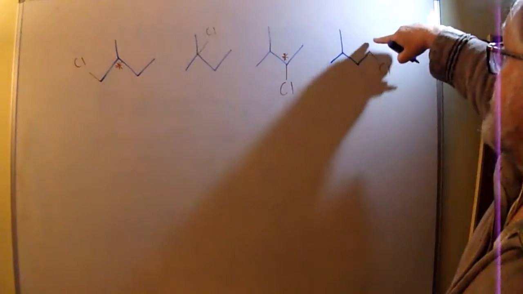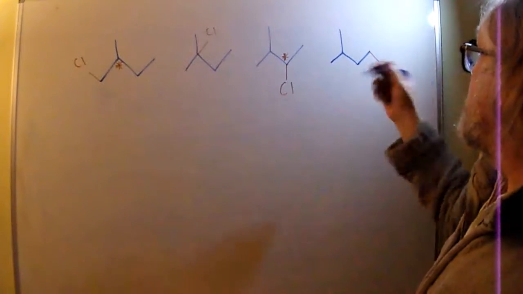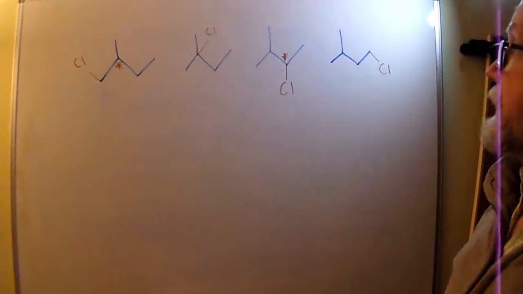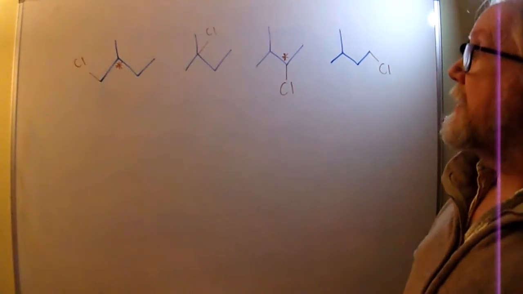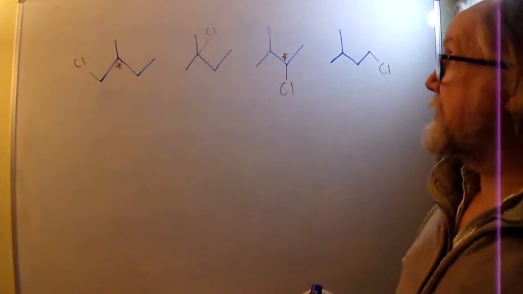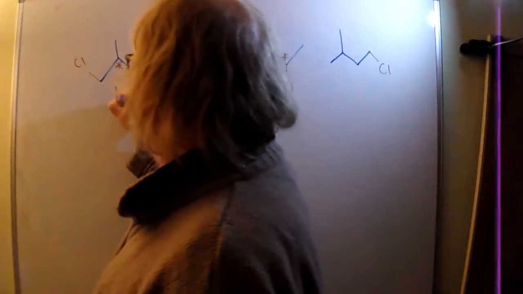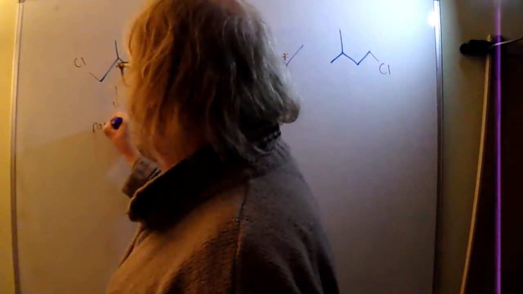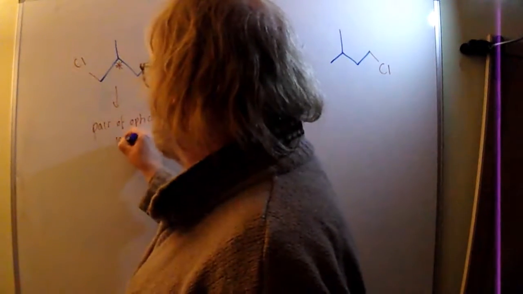This one obviously isn't chiral, because the carbon there has two hydrogens on board as well as the chlorine. So we've got two with chiral centers, so each of those could form a pair of optical isomers. So we'll just illustrate that for one of them, but it's worth noting that you can get the pair of optical isomers for that one, and also for this one.